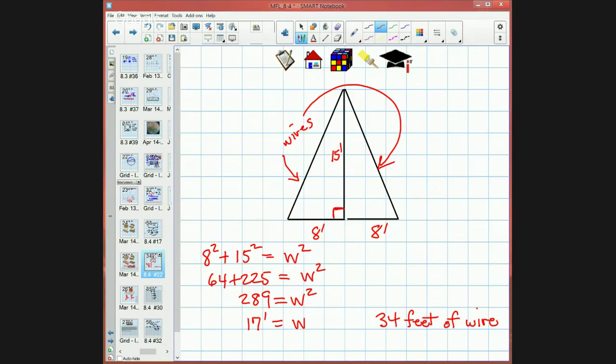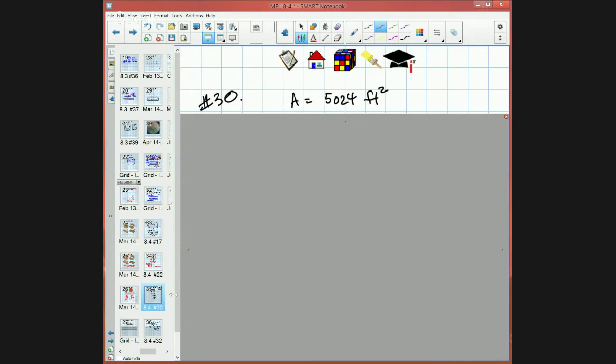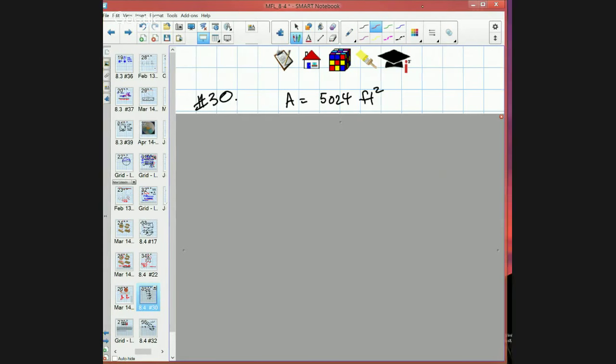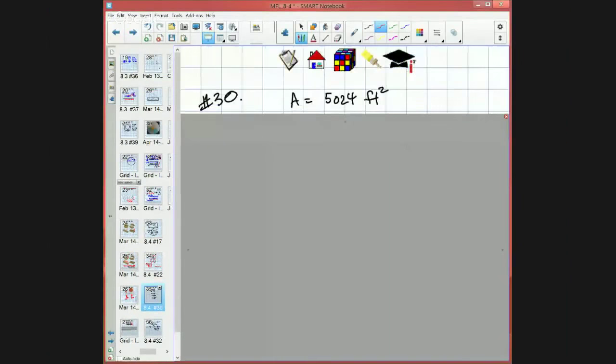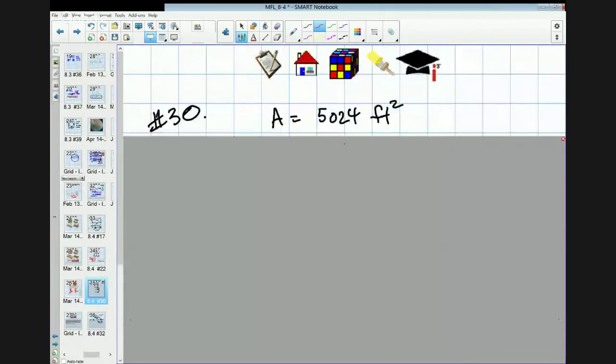Okay, so next I would like to take a look at number 30 on the assignment. This is a little different because this time they give us the area. It says one of those Guinness Book of Records relates to what's the biggest pizza?